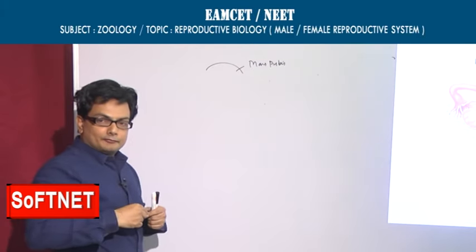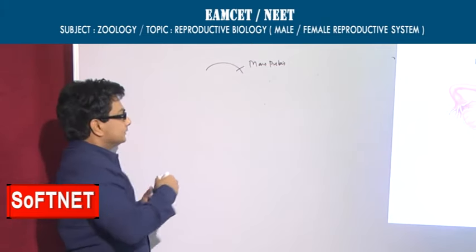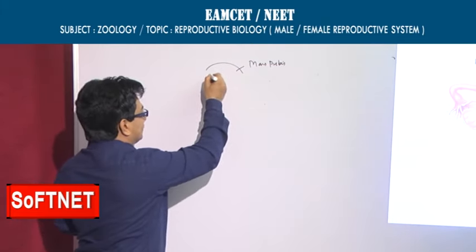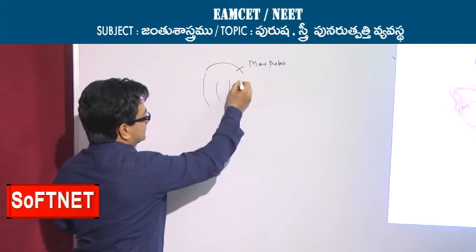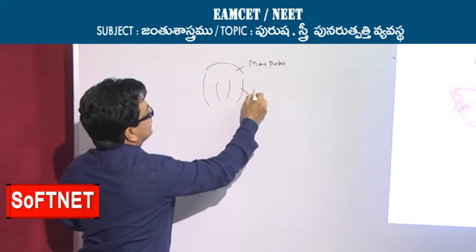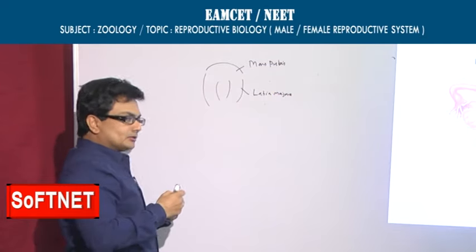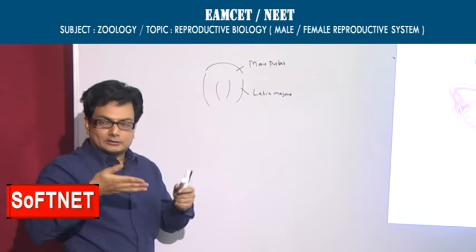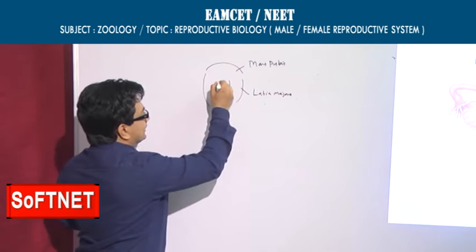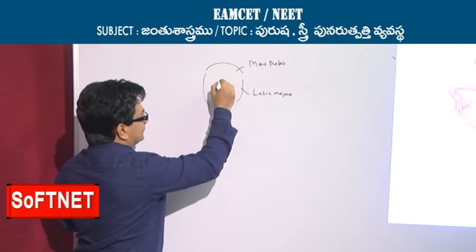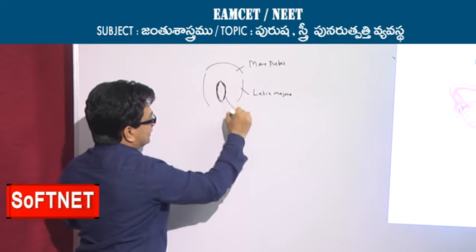The mons pubis of a female is fleshy, skin is with the hair, and the mons pubis will be continuing on both sides, and we can call this region the labia majora. Now, in fact, the labia majora will be the external peripherals to the vagina, and here exactly at the margin of the vestibule, this area which I am marking like this, it's the labia minora.